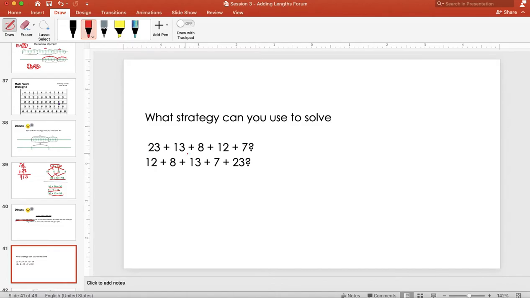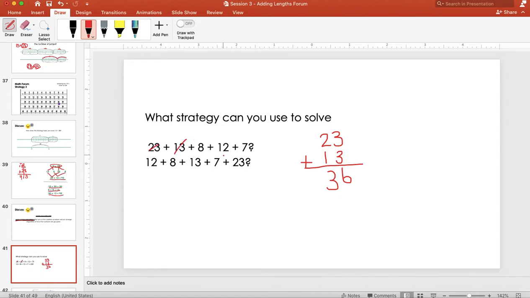So if I wanted to solve this, I could add 23 plus 13, and I could use any strategy I'd like, but I'm going to stack it like a hamburger. So 3 plus 3 is 6, 2 plus 1 is 3. So that means that these two numbers equal 36.